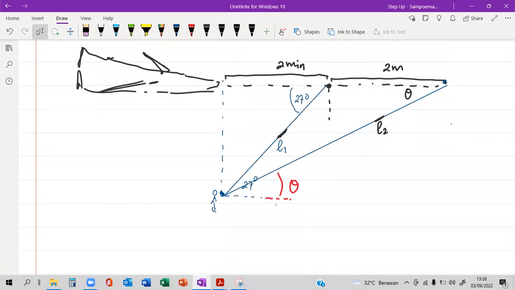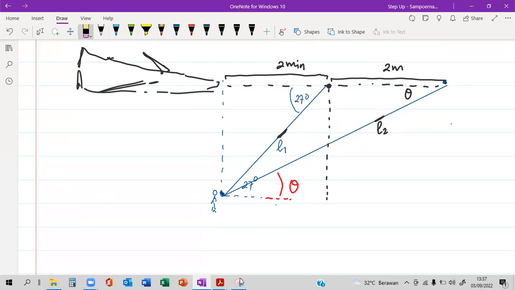I'm going to try to find the angle of elevation by using this picture. I have this triangle. Can you see the triangle? You can use this triangle if you want to, or you can use another triangle.